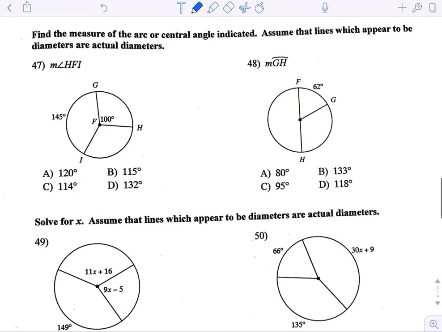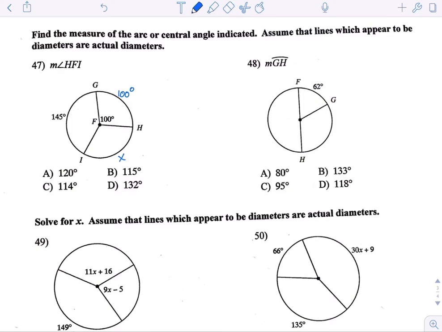Alright, 47. Find the measure of the arc or central angle indicated. Assume that the lines which appear to be diameters are actual diameters. Remember, central angle and the arcs are the same measurement. So this is also 100 degrees. They're telling us to find this angle, HFI. So basically we just have to find this arc, and then the central angle just equals the arc.